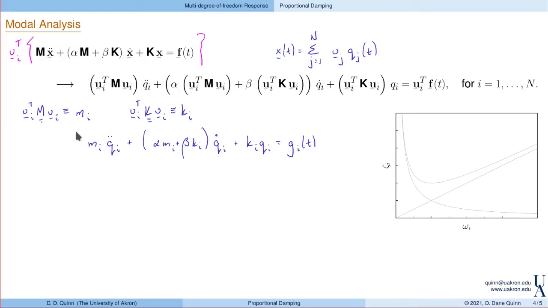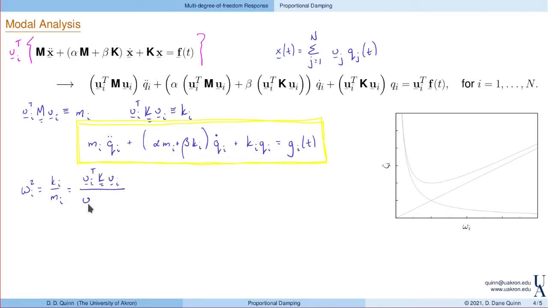And lo and behold, each mode decouples. So the response of one mode is independent of all the other modes. So we can identify our frequency and damping ratio for each mode. For mode i, the modal natural frequency, well, that's just k over m, in this case k_i divided by m_i, which, recall, is u_i transpose K u_i.